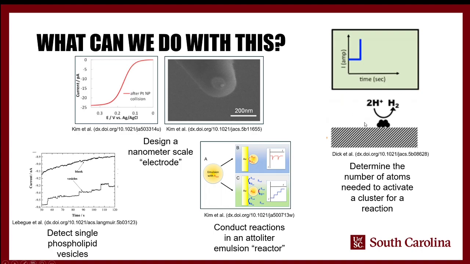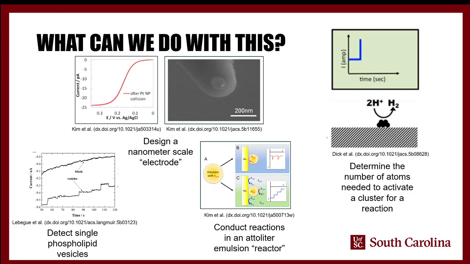I know he's done it with platinum, copper, gold, and I believe nickel as well. What he would do is add very, very small amounts of a metal salt, poise the potential where it would lead to a reduction of the metal salt, and that metal salt would subsequently produce hydrogen gas.